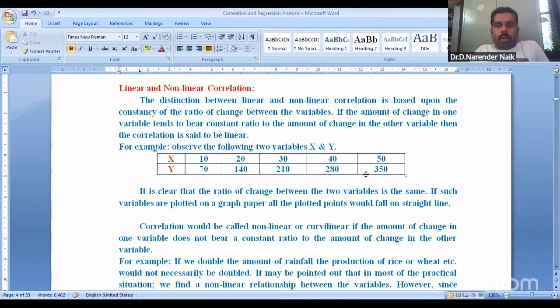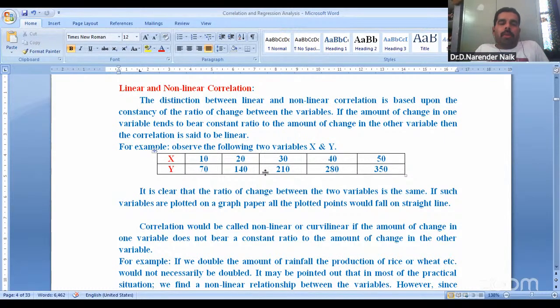If the amount of change in one variable tends to bear a constant ratio to the amount of change in the other variable, then the correlation is said to be linear.